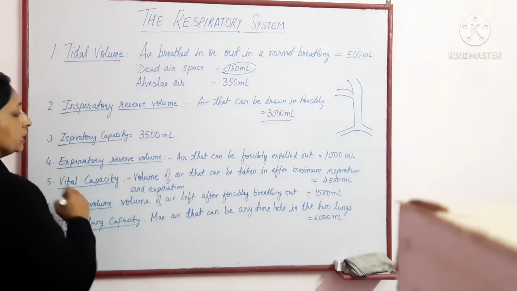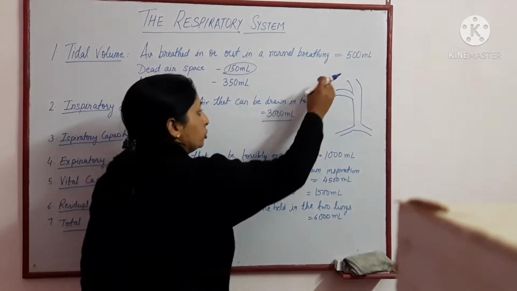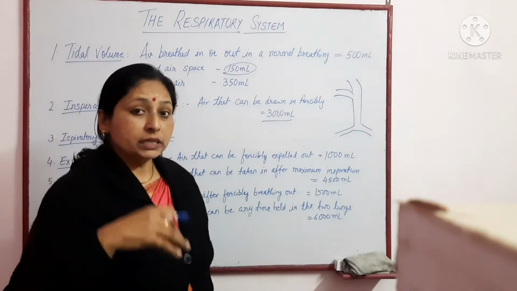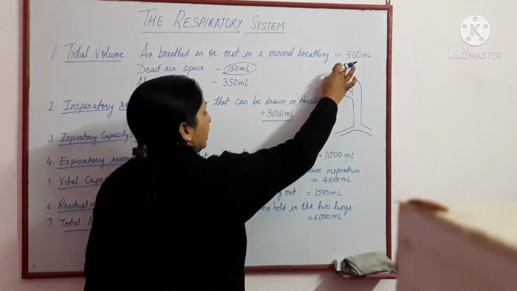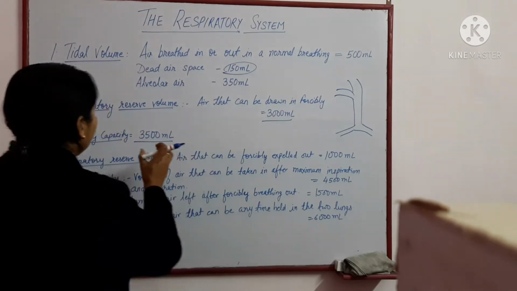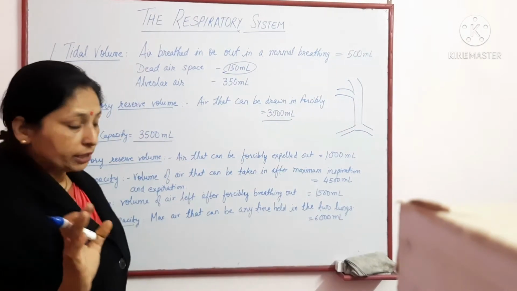Inspiratory capacity is 3500 milliliters. It is the tidal volume plus the air which is forcibly taken in, that is, 500 plus 3000 makes the inspiratory capacity 3500 milliliters.